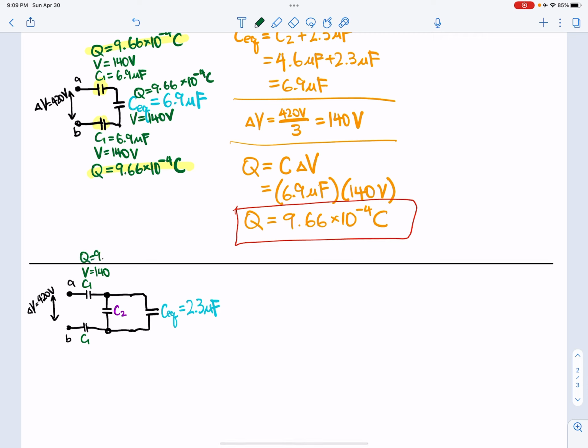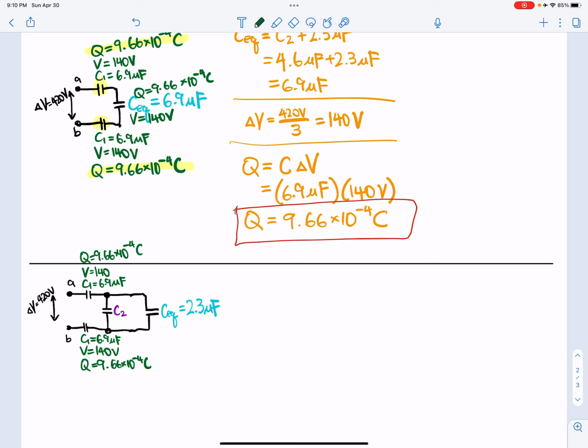Q is equal to 9.66 times 10 to the negative 4 coulombs. C1 is 6.9 microfarads. V is also 140 volts, and Q equals 9.66 times 10 to the negative 4 coulombs.